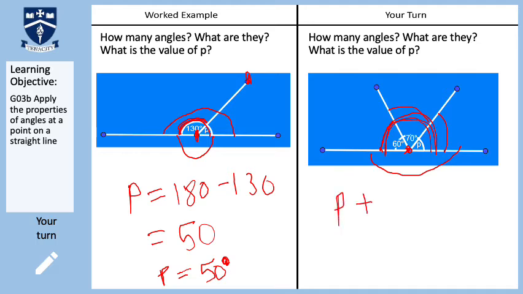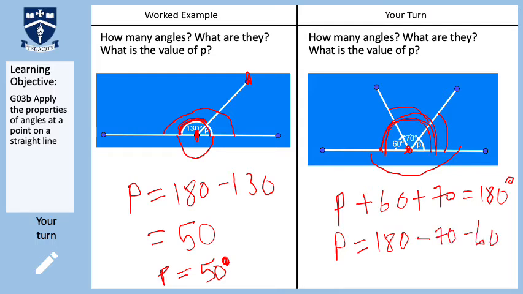Therefore, we know P add 60 add 70 equals 180 degrees. So in order to work out P, we do P equals 180 take away the 70, take away the 60. 180 take away 70 is 110. 110 take away the 60 is 50 degrees. Therefore, P equals 50 degrees.